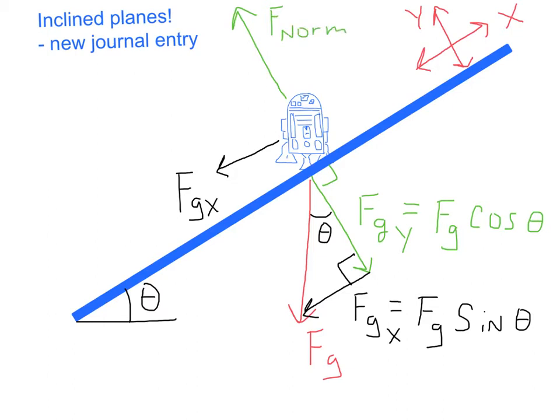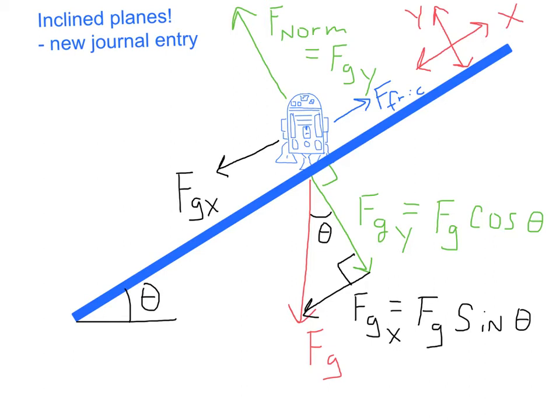And so the normal force is going to be equivalent in magnitude to the component of gravity in the y direction. So F norm equals Fg sub y. Then we have Fg of x, which is what's pulling R2D2 down the plane. And then what's left is any possible friction that would be keeping R2D2 from going down.